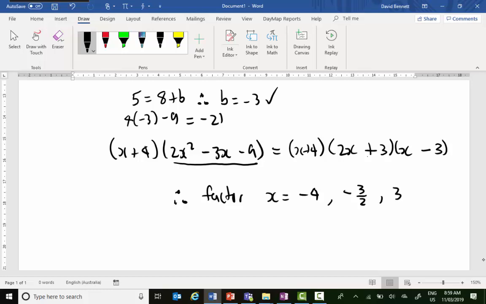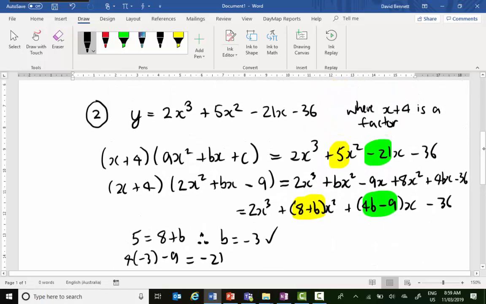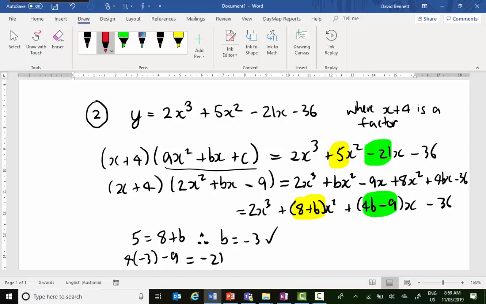Now, I'll just recap the key things there. I don't even really need to write that term there, but generally what I'm doing is timesing by a quadratic. The two most important terms that I look at are the first term and the last term.